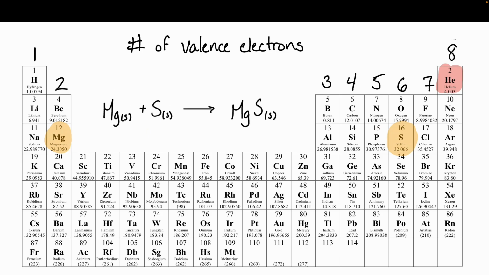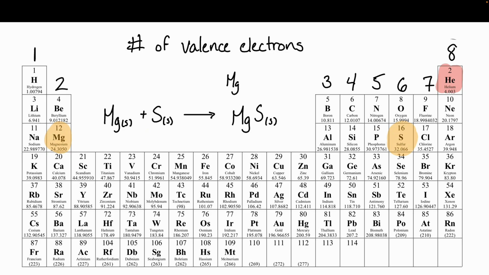And how did I get that chemical formula? Well, remember, for ionic compounds, it's all about the charges. So magnesium forms an ion with a +2 charge, and sulfur forms an ion with a -2 charge. And those come together to make this compound magnesium sulfide.